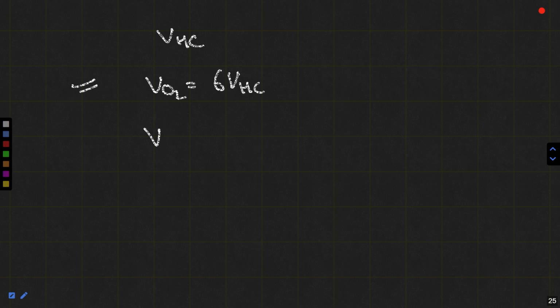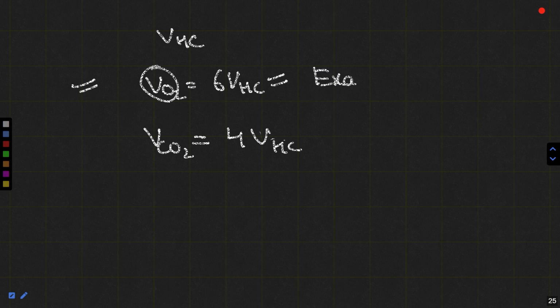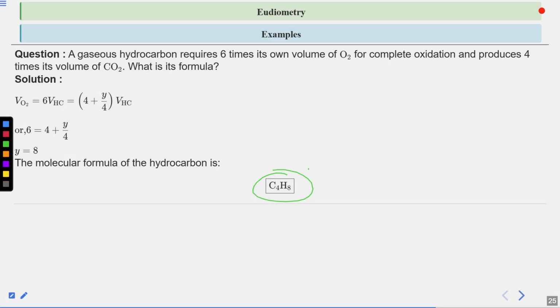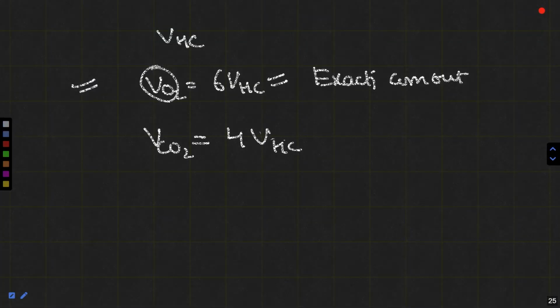And after combustion, the volume of carbon dioxide it produces is 4 times the volume of the hydrocarbon. Now, what volume of oxygen have we taken? The exact amount which is required for combustion. If so, then what is the remaining volume of O2?